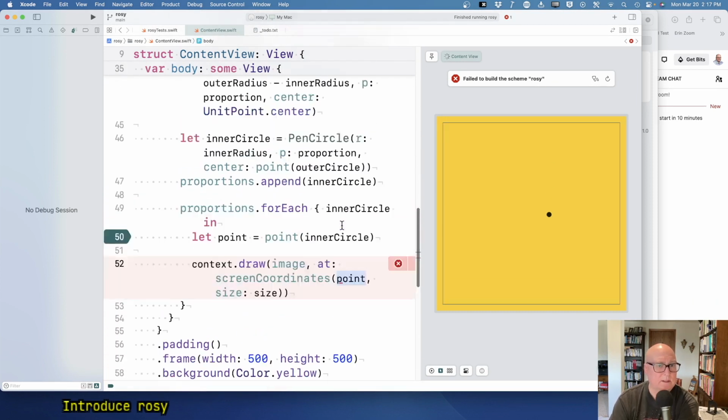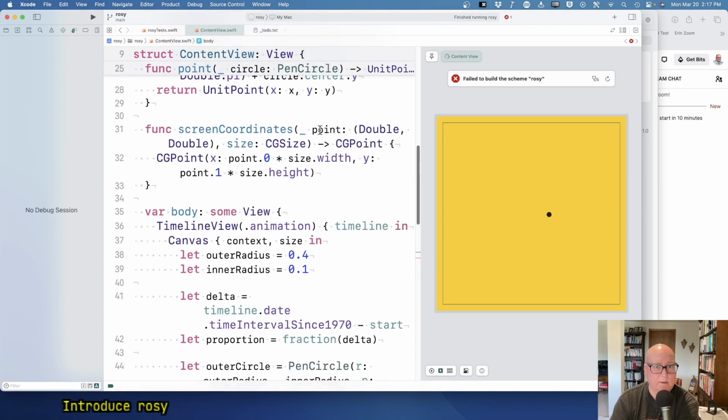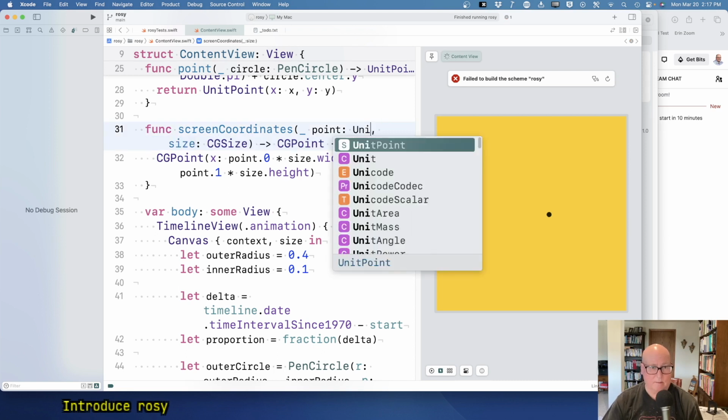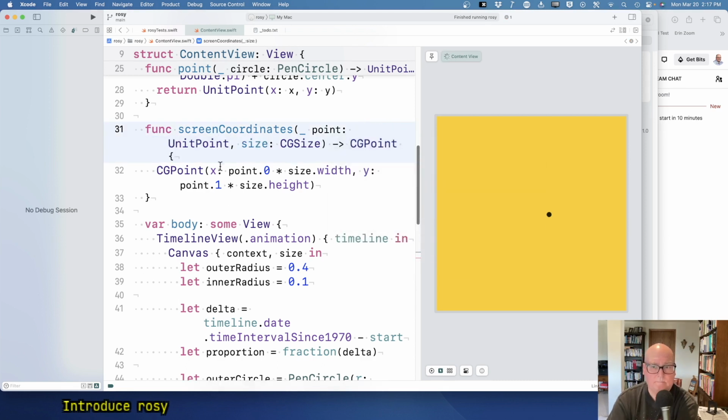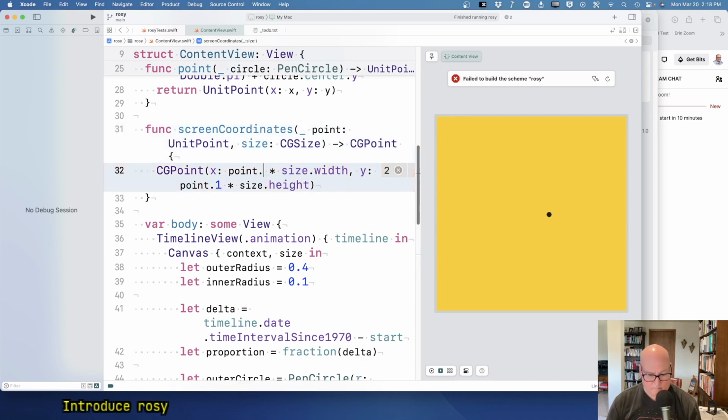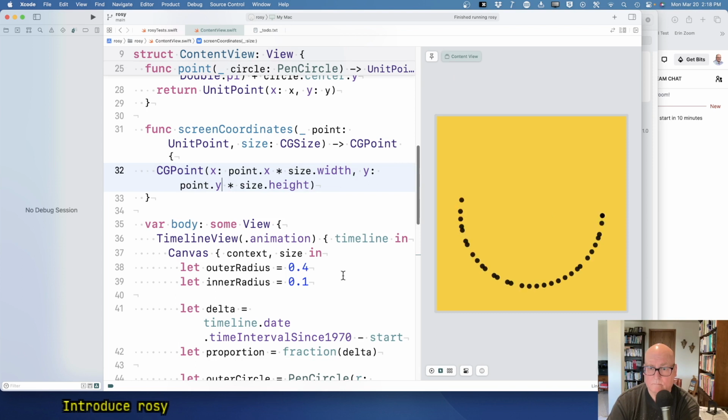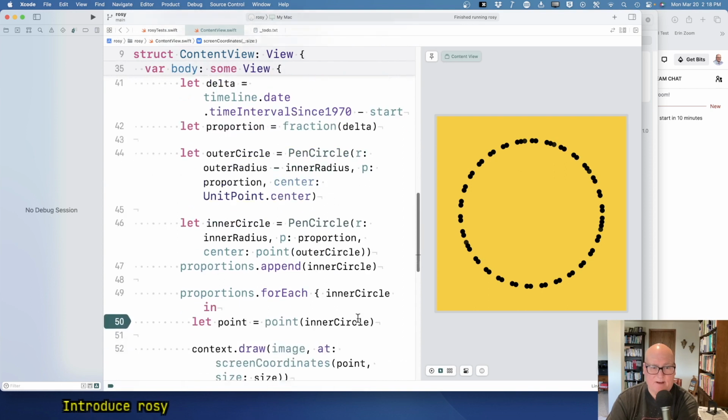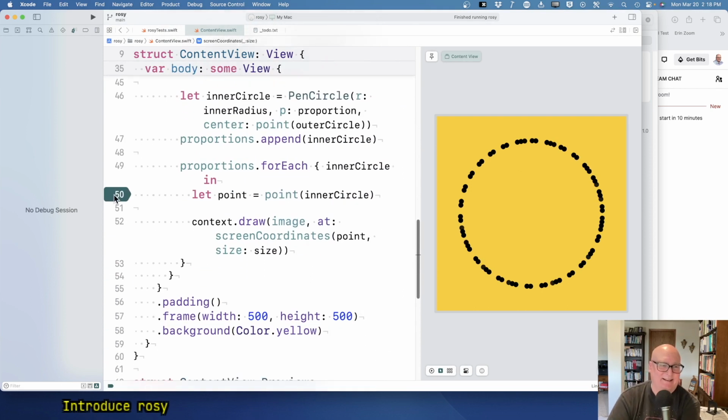Screen coordinates needs to take a unit point. No. Okay.